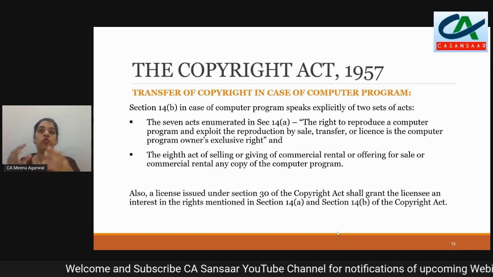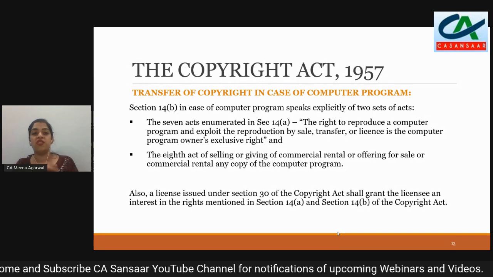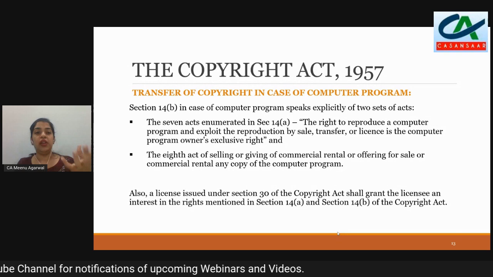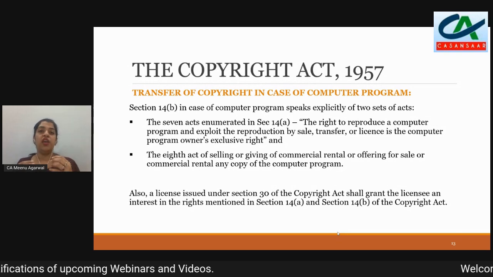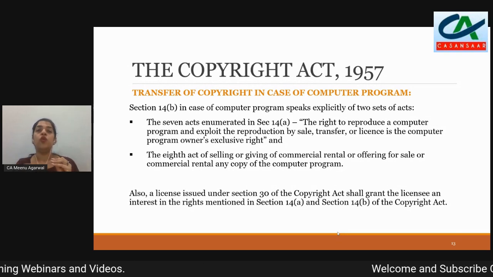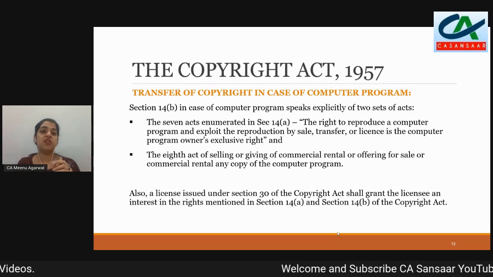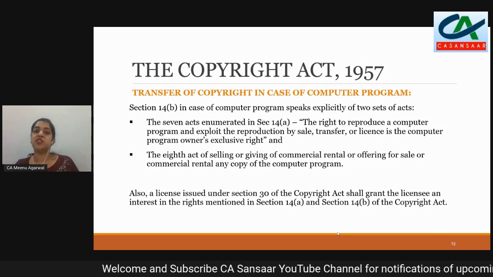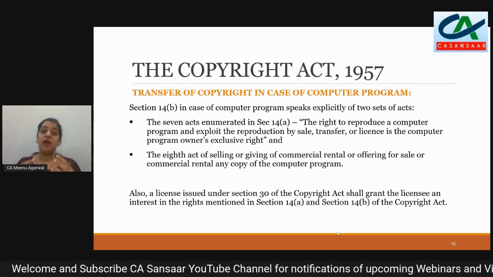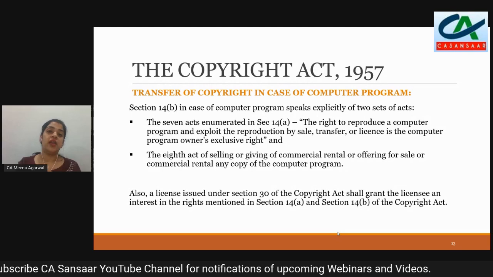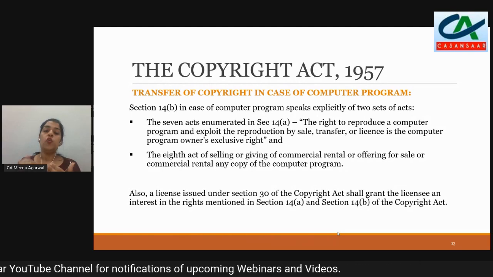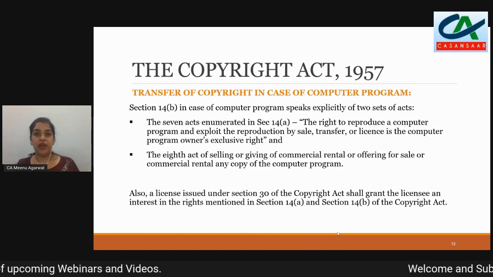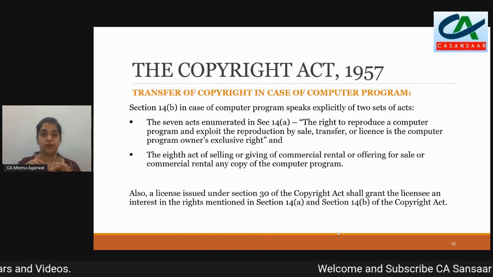to understand when you treat a transaction as a transfer of copyright. In other words, if because of a transfer of license I get access to reproduce the software and commercially exploit it, that is, to further sell it, then this transaction will be treated as a transfer of copyright, which means it shall be treated as a payment towards royalty and it shall be taxable.